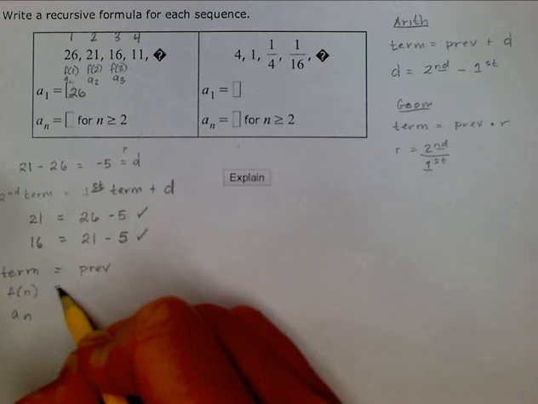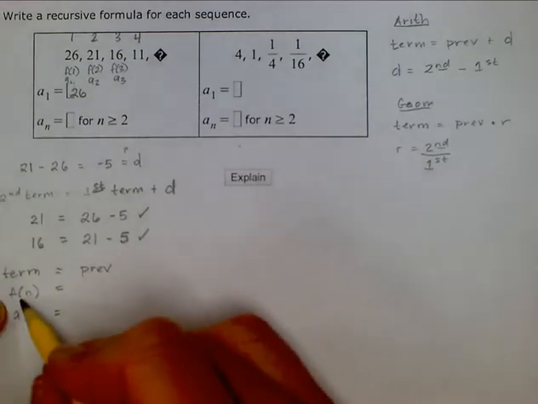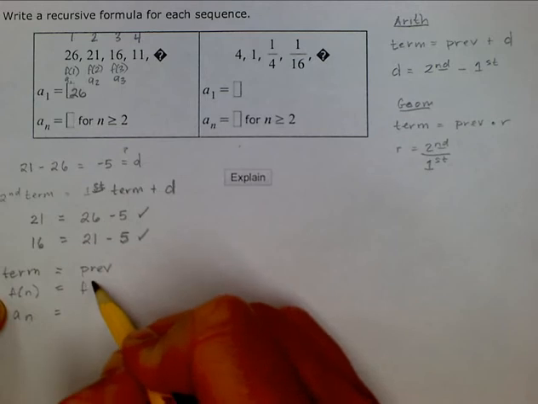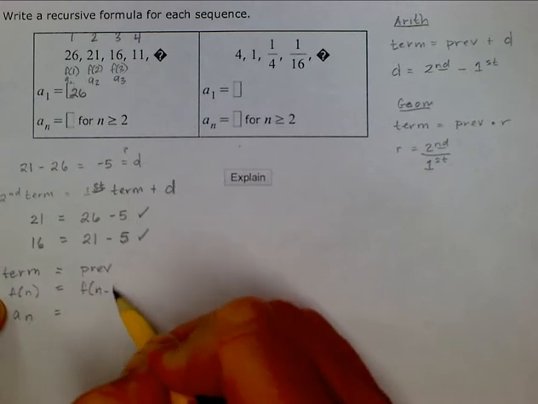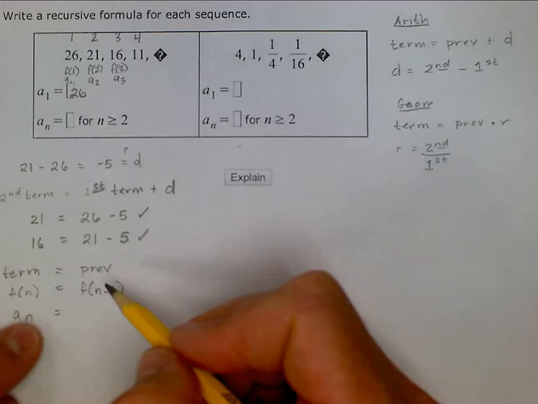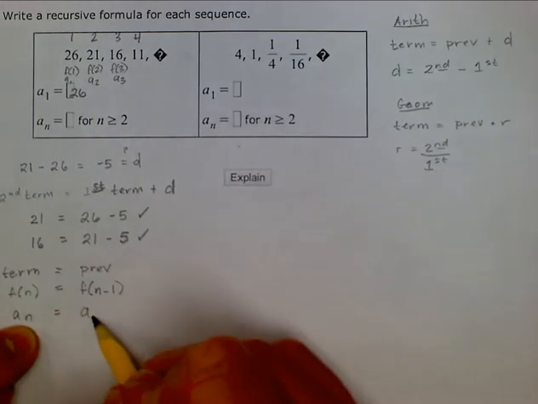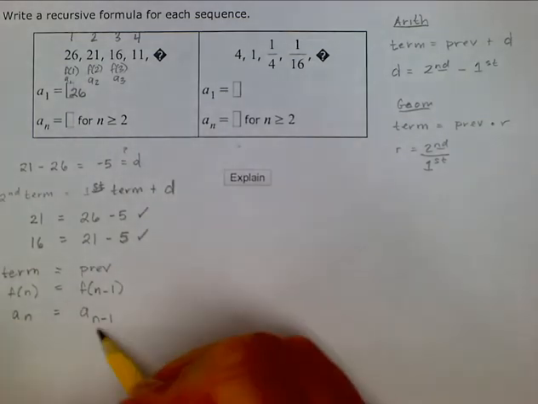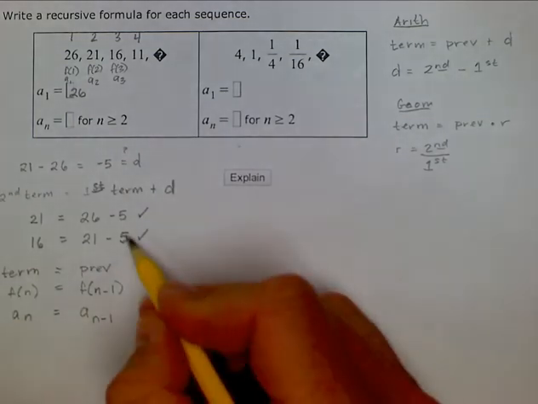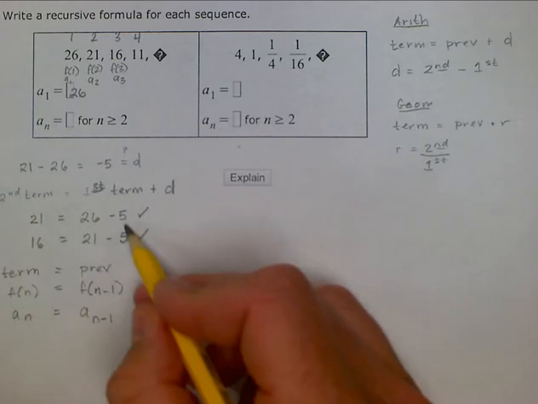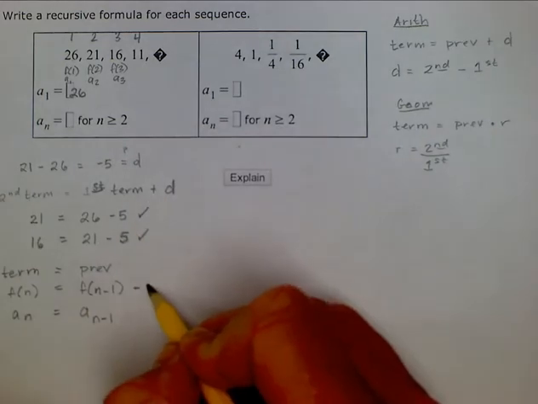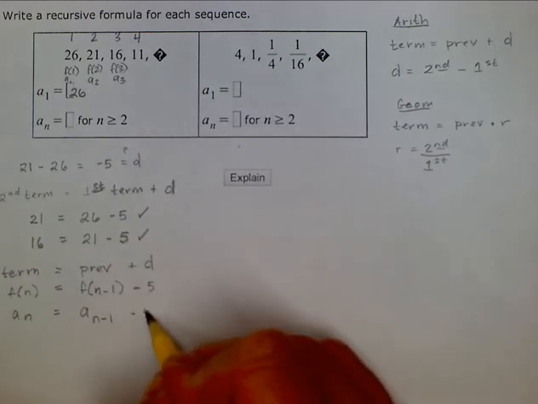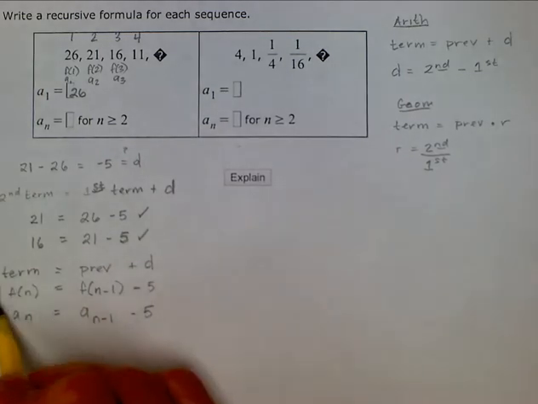In terms of a function of n, the previous term would be f of n minus 1, or in terms of subscripts, we have a sub n minus 1. And then finally we add our common difference, which is a negative 5, so we would subtract 5. So either one of these is correct.